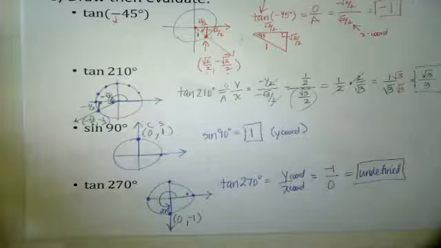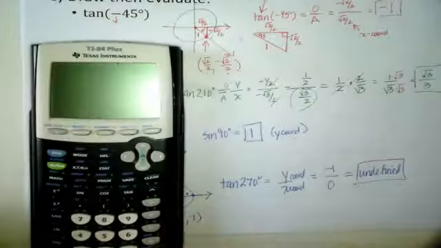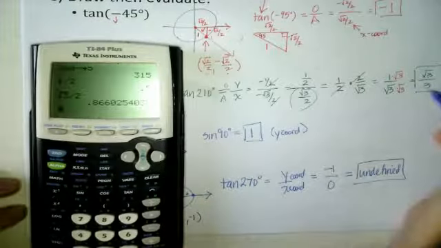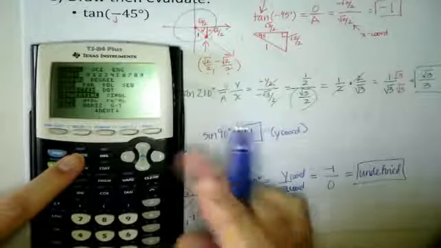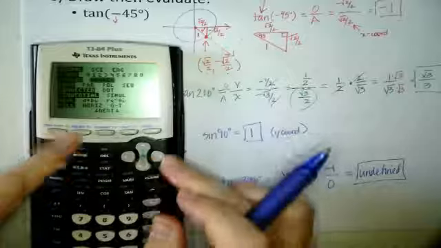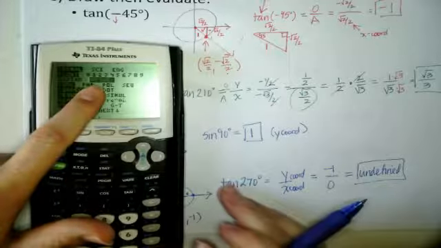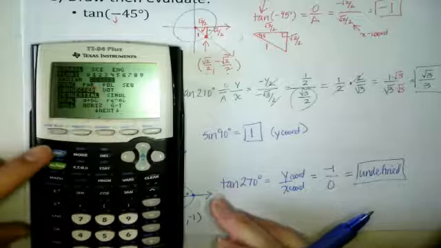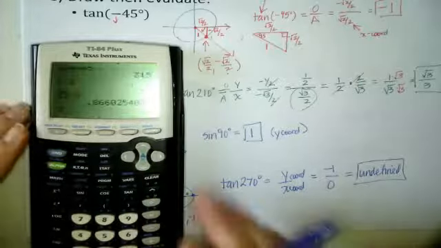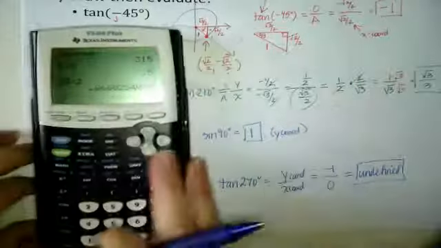Now, the nice thing is all of these you can double check on your calculator. Of course, Delta Math is going to want exact answers, but if you go to your calculator and change the mode, make sure that you're in degree mode. So you just move the cursor there and hit enter. Then you can type in and do the tangent of 210.